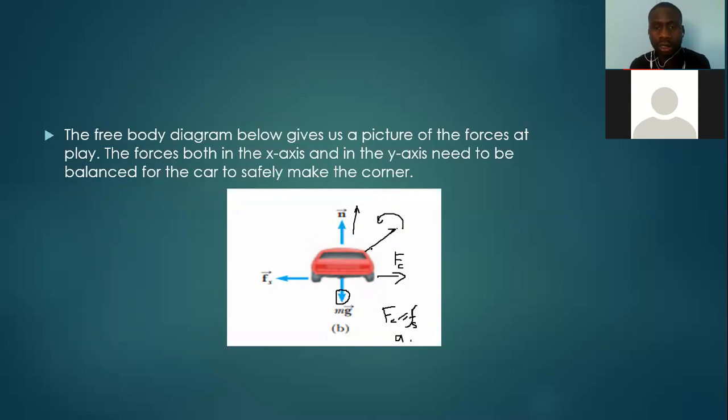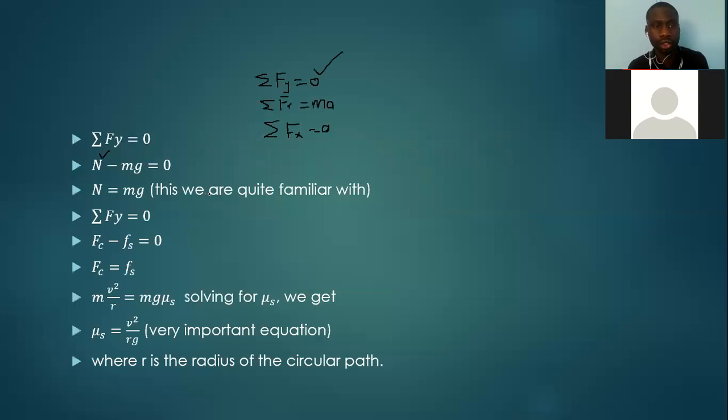If there's another force at an angle, then you need to make sure that you also put this force, because this force will also have a y component. But in this case, we only have a simple scenario where we only have two forces, one pointing up and one pointing downward. So obviously, it makes our work easy. So we sum our forces in the y-axis, we get our expression for normal.